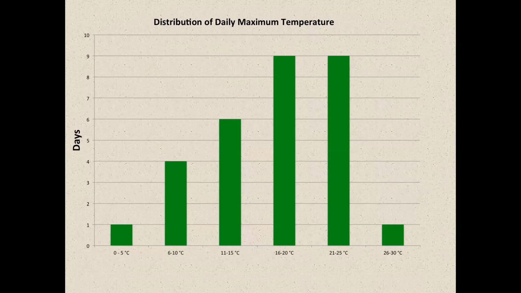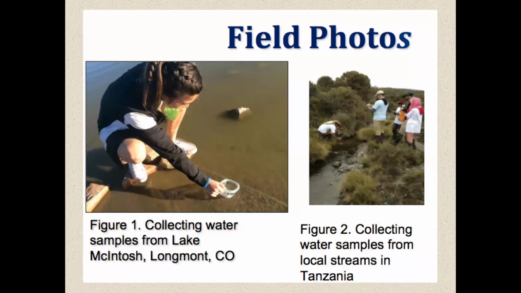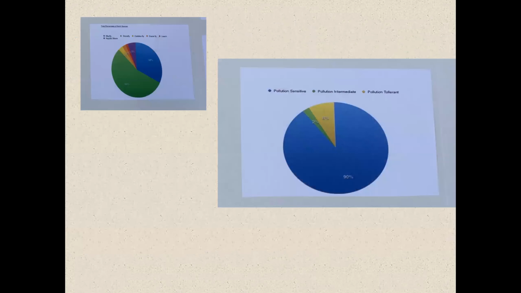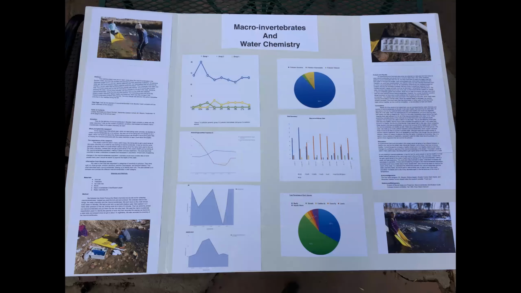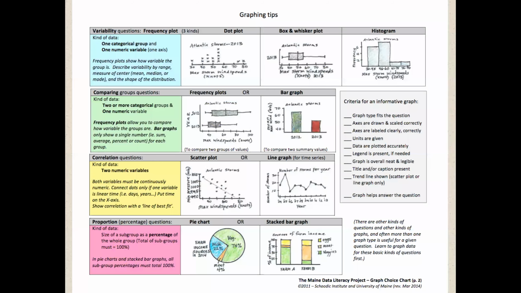Some other types of data that I showed way back, looking at that, would be doing these box and whisker plots. Box and whisker plots are another type of graph that shows something related to that frequency.